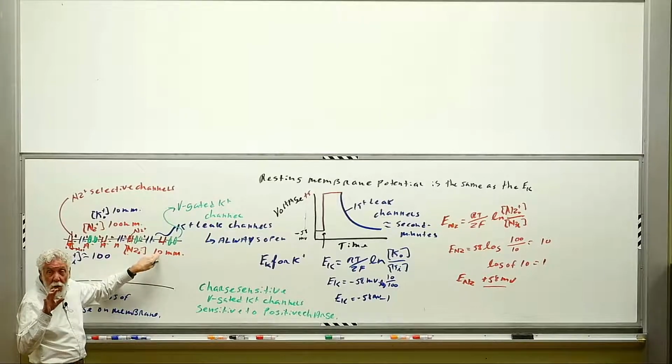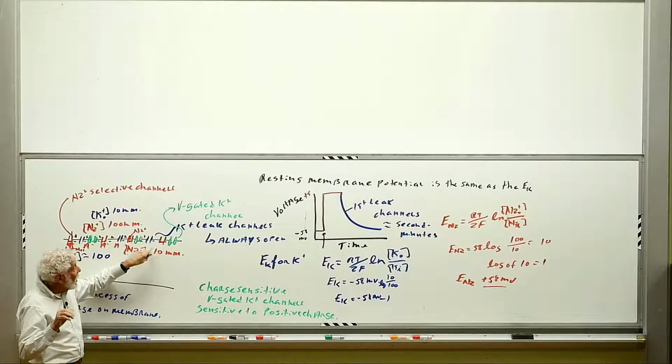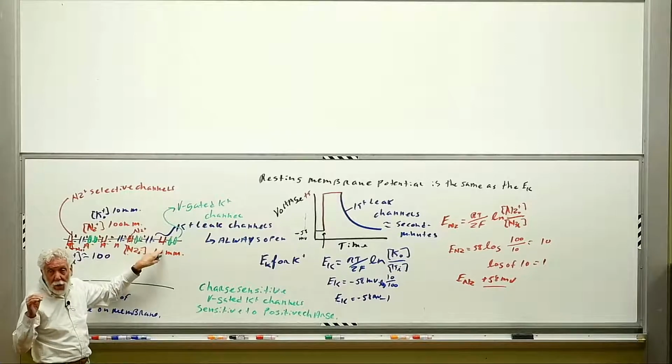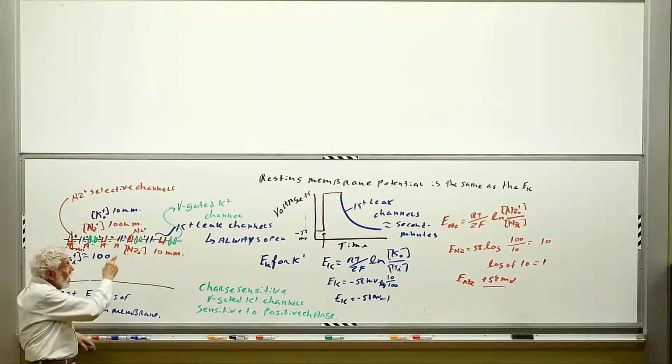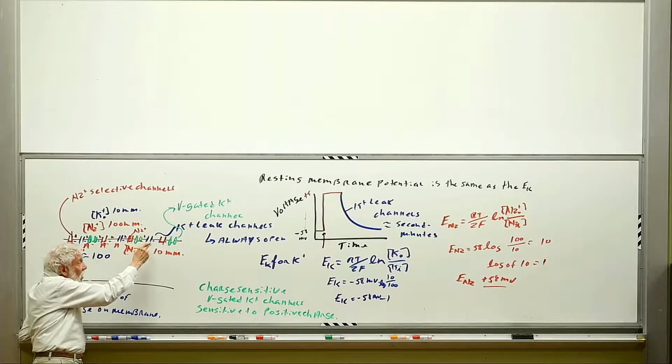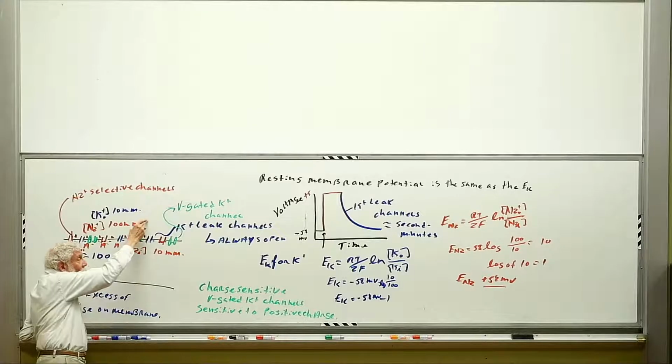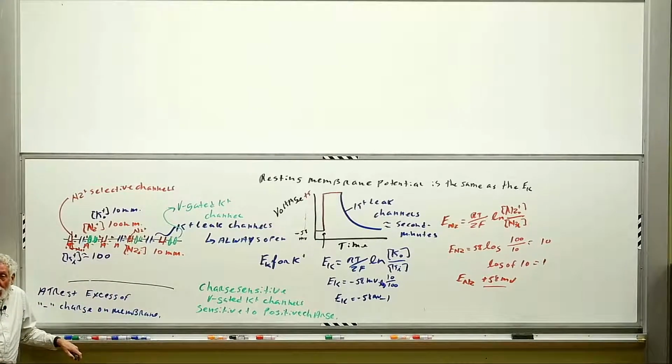They'll also help drive the potassium out. But predominantly, the potassium is moving down its concentration gradient, and it comes back to equilibrium. And this is your question. It comes back to equilibrium when the negative charge of the negative anions is balanced by the tendency of the potassium to leave. So we go back to that equilibrium.